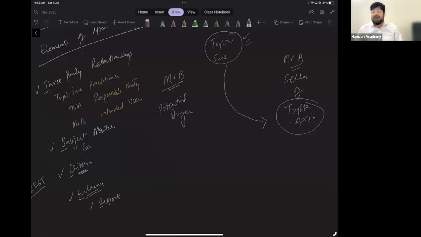The practitioner performs work on the subject matter and obtains evidence.